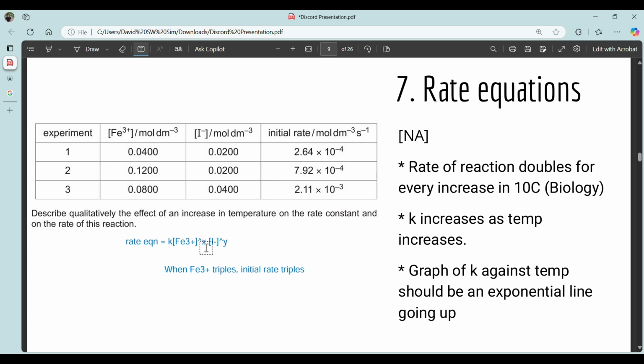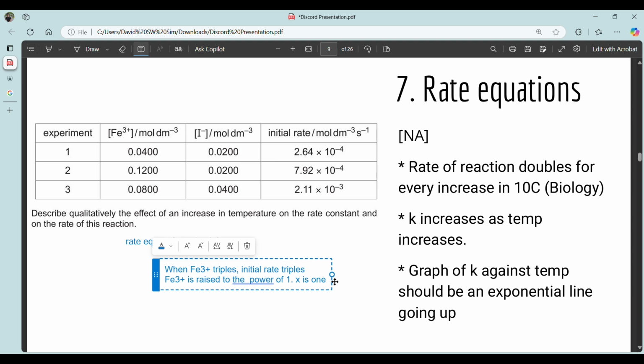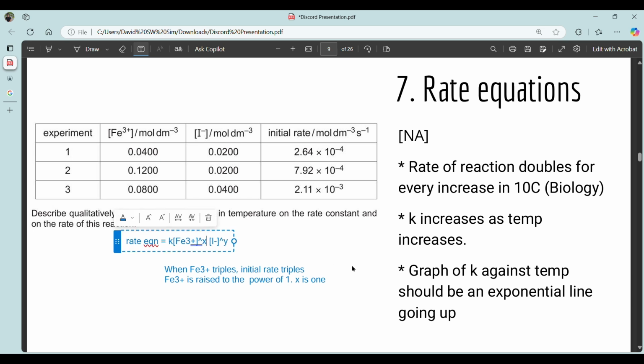So what does this mean? This means that x is 1. Okay, it means it's raised to the power of 1. Why?